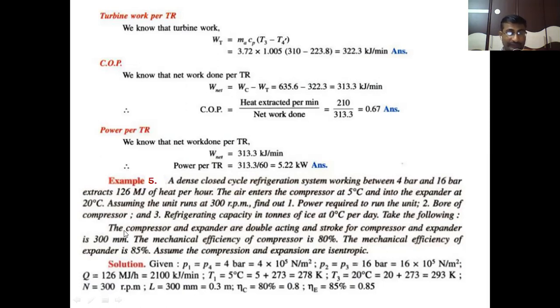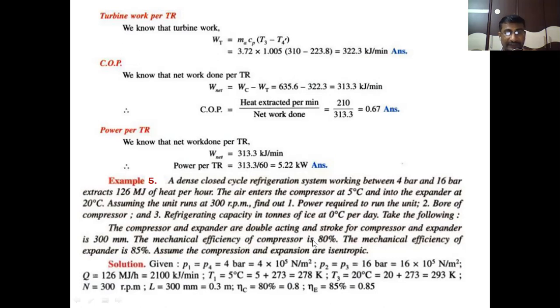Take the following. The compressor and expander are double acting. This is related to the compressor topic because the compressor and turbine used here are reciprocating type. The stroke for the compressor and expander is 300 mm. Stroke means the length of the piston movement is 300 mm.